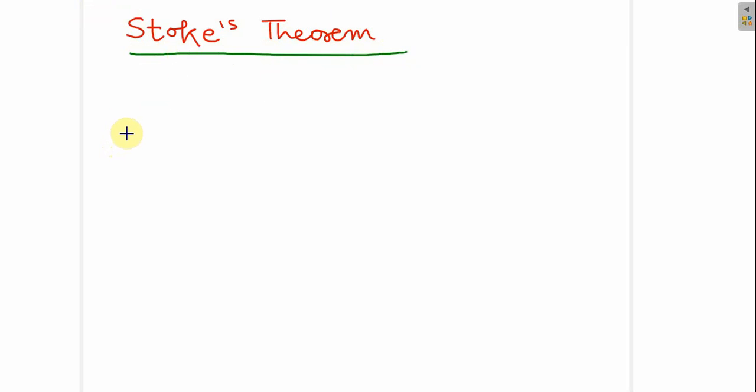So what is Stokes theorem? Let me write it first.